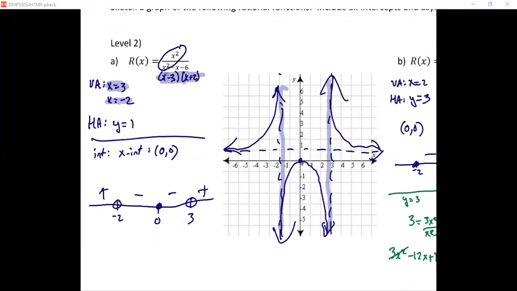Because the degrees are the same, we look at the ratio of the coefficients. Both those coefficients are 1, so y equals 1 is our horizontal asymptote, which I'm graphing right here. Next characteristic we look at is what happens when we plug in 0, meaning what is our y-intercept. So when we plug in 0, we will get 0. So our y-intercept magically becomes our x-intercept as well.